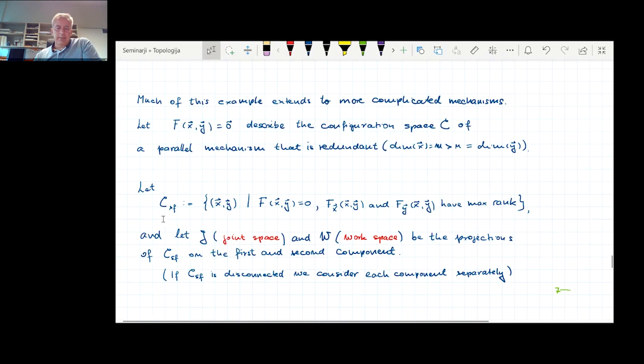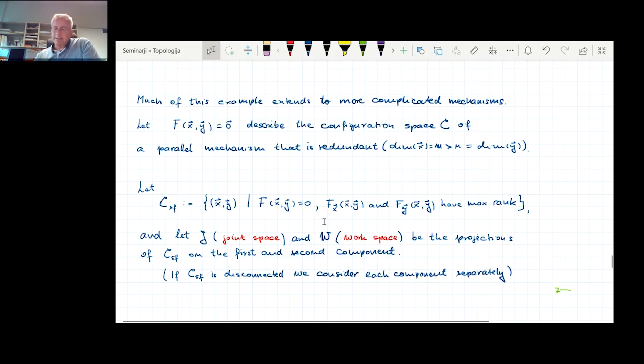And then in addition, I denote by J and W, and call them joint space and workspace respectively, the projections on the first and the second component. So the set of x's that come from this singularity-free configuration space is called J, and the set of y's is called the workspace and denoted W.